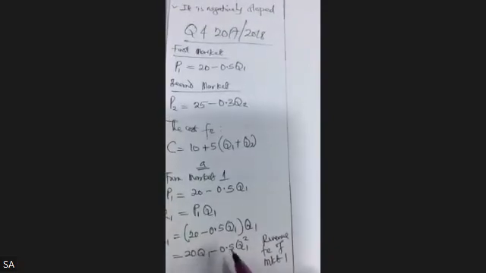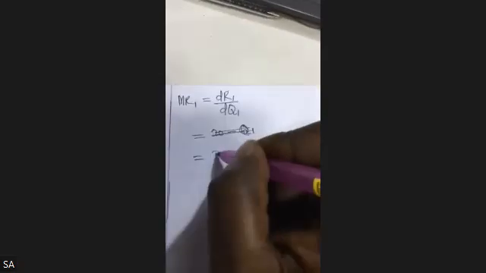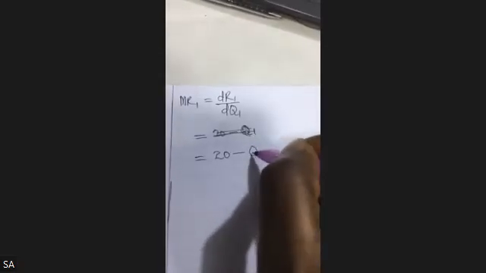So this will give us 20 minus Q1. That is the marginal revenue of market one.